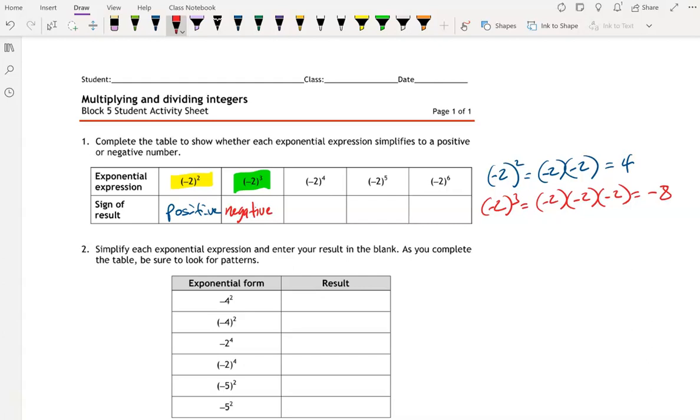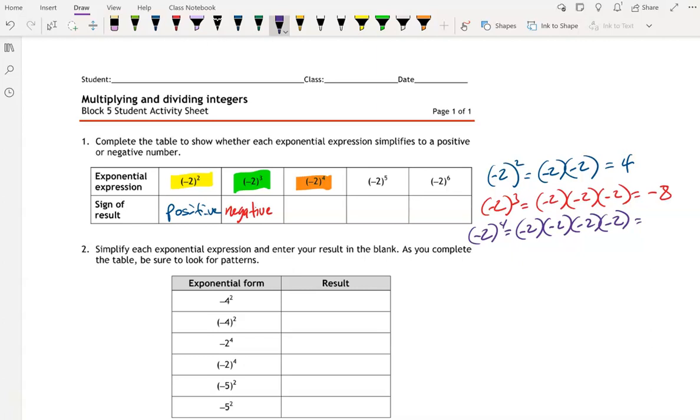All right. Our next one is negative 2 to the fourth power. Negative 2 to the fourth power means we are multiplying negative 2 times negative 2 times negative 2 times negative 2. Now, if you aren't writing all of this down, please make sure that you do in your math notebook. I have 1, 2, 3, 4 negative symbols.